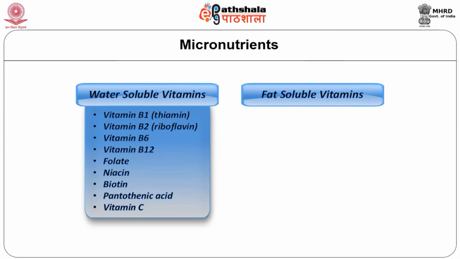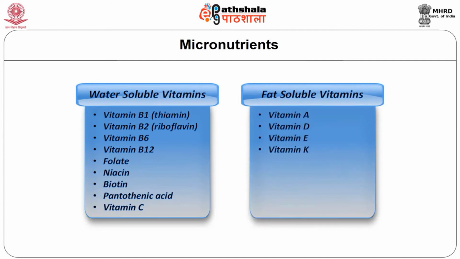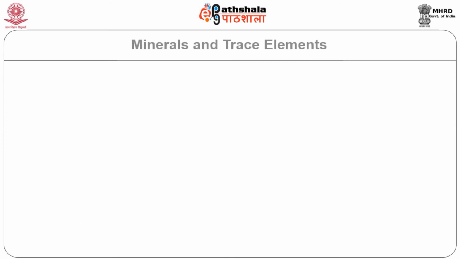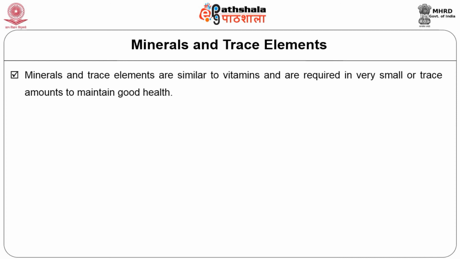Fat soluble vitamins are stored in body fat until the body needs them. Fat soluble vitamins include vitamin A, vitamin D, vitamin E and vitamin K. Minerals and trace elements are similar to vitamins and are required in very small or trace amounts to maintain good health.